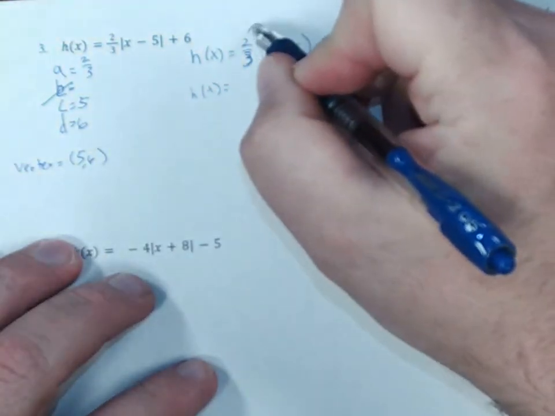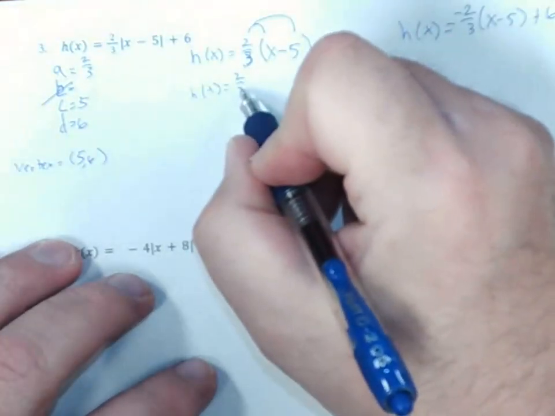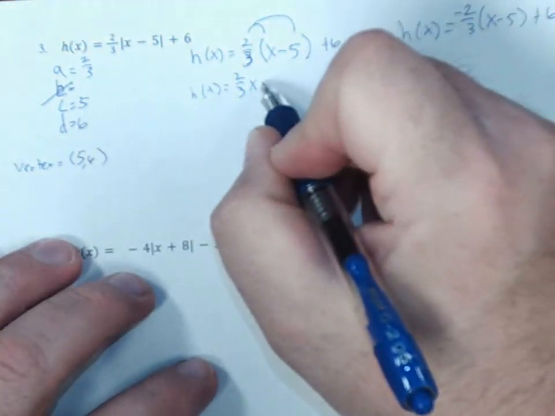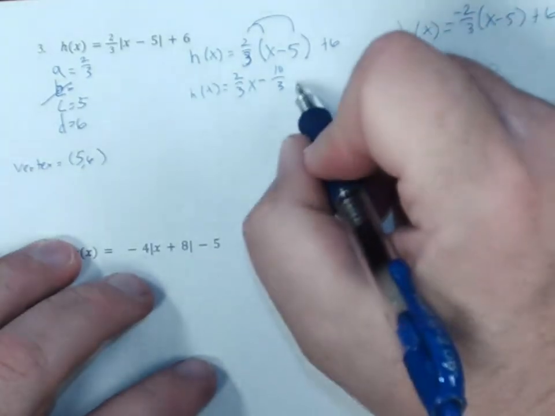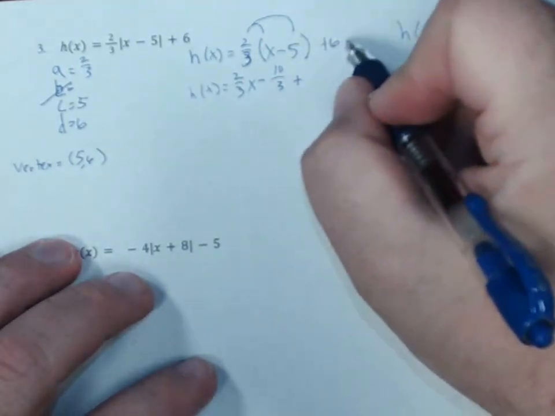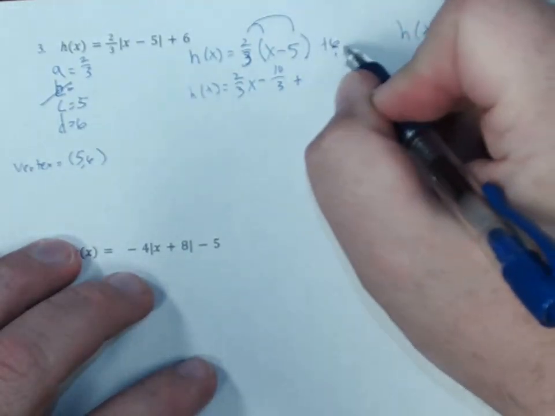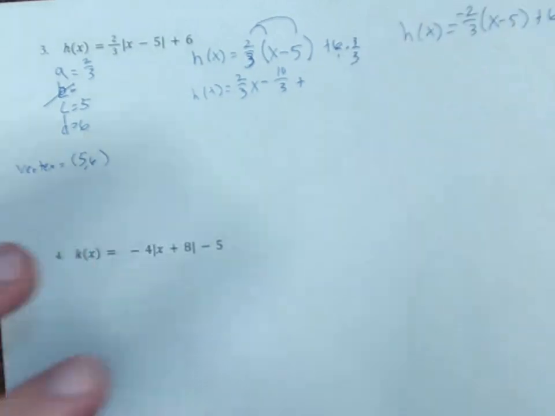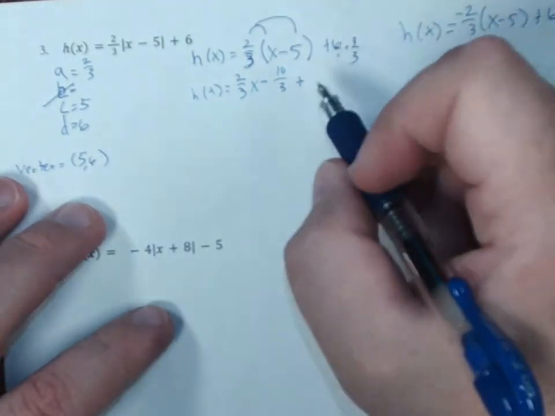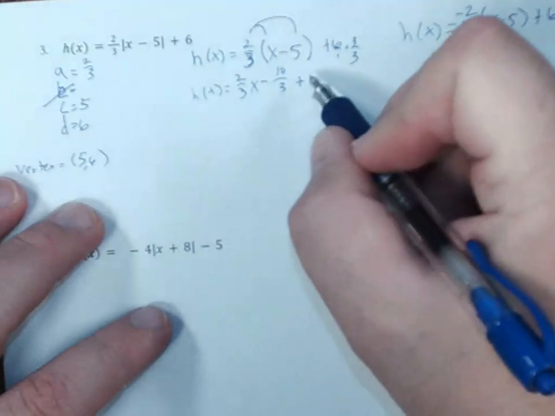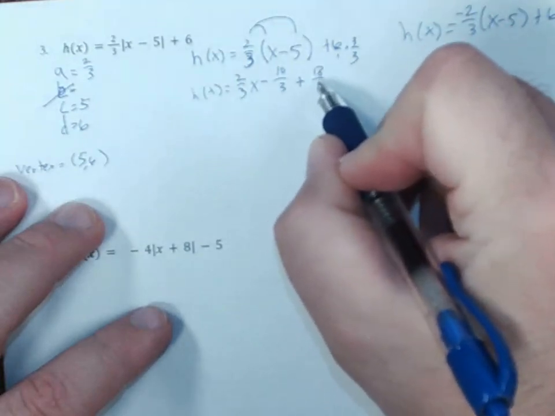So I will distribute 2/3. That gives me 2/3 x minus 10/3 plus 6. And I'm actually going to make this 6/1 and multiply by 3/3. Why would you do that, Mr. Kingsbury? I'm glad that you asked, because I'm going to need to add these two things together, right?